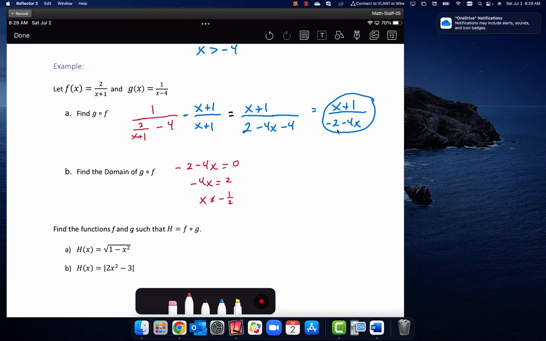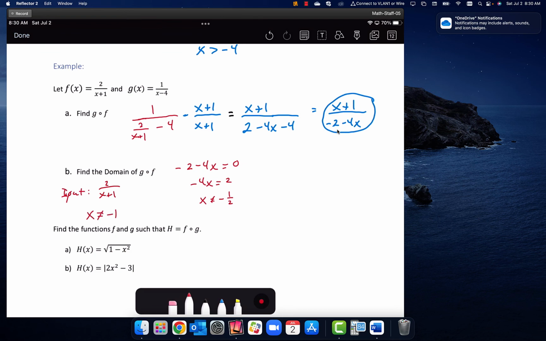But we also have to look at the input function's restriction. The input function in this case is the f function, 2 over x plus 1. And we can look at that and see that negative 1 cannot be there.